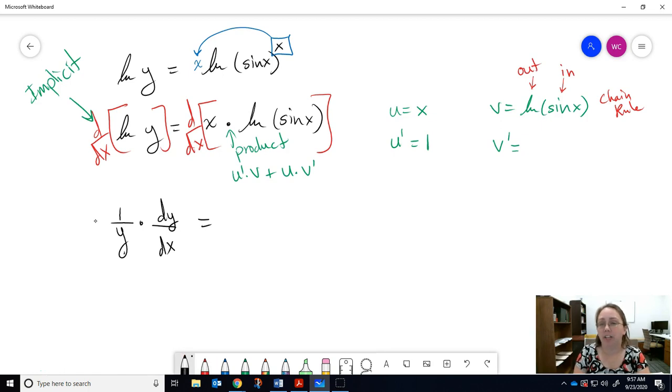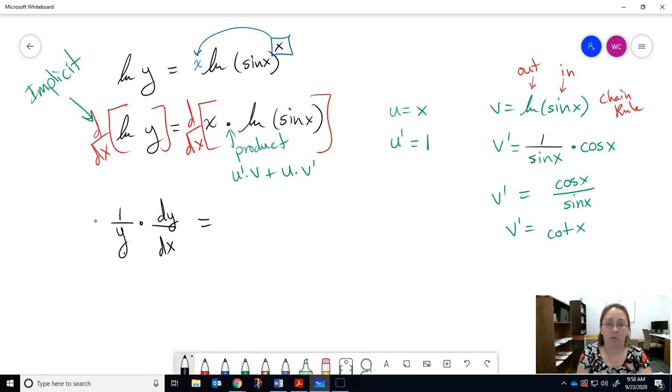What's the derivative of ln? 1 over the inside, where the inside stays the same. But then you have to multiply by the derivative of the inside. What's the derivative of sine? Cosine. Okay, so this is cosine of x over sine of x. Which some of you might be saying that's an identity, and you're right. So if you want, you could write cotangent of x instead.